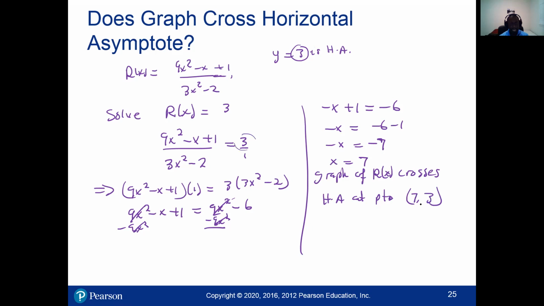Or if you want to check, plug in 7 into the original and evaluate, you get 3. So this is where the graph will cross the horizontal asymptote. Okay, very good.